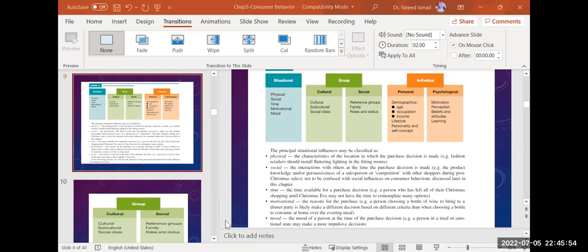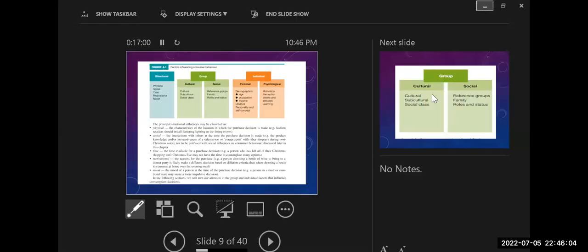In other words, situational reflects the current environmental situation that could influence consumers to make their decision either to buy or not to buy.